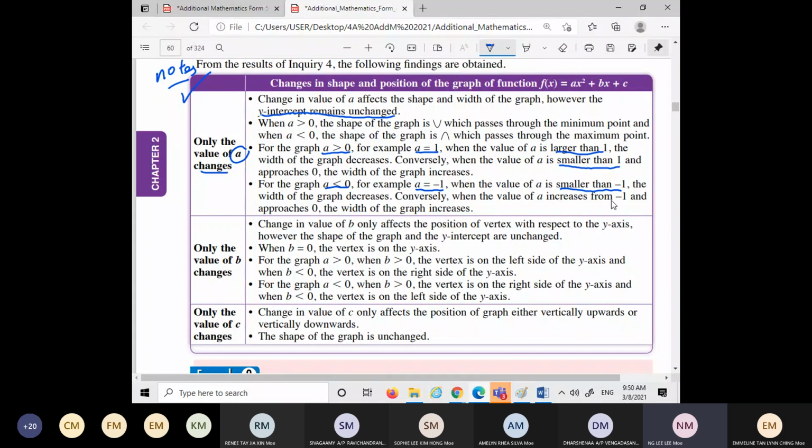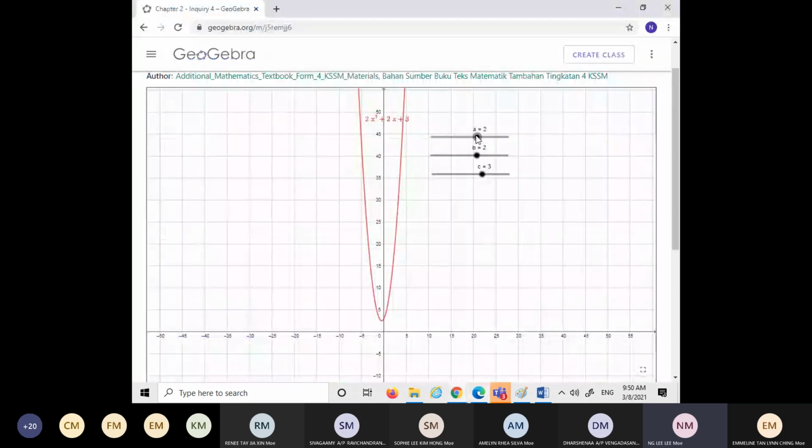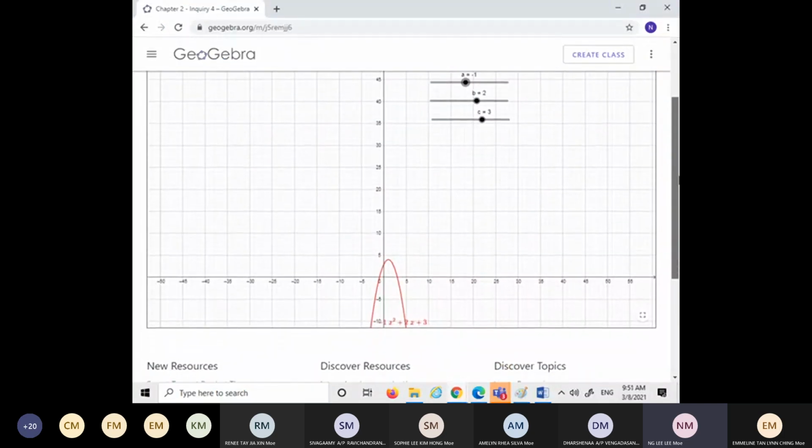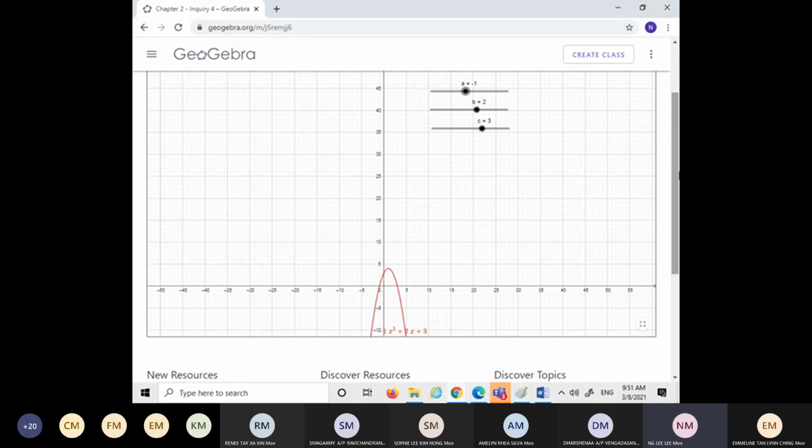But this part again I cannot show you for long because this one is in decimal. So I'm going to show you this only. Smaller than -1 means -2, -3, -4, etc. We want to see this. First of all, I get -1. I drag this one a bit down. I don't know whether you can see it become fat or thinner.